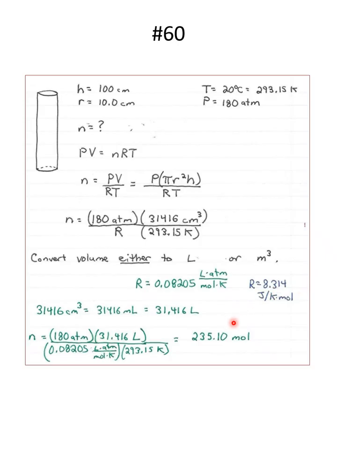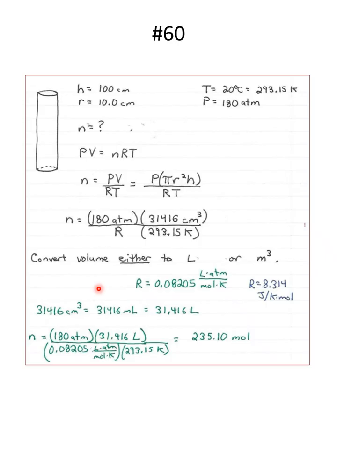So here on this page with the green ink, I've done it using liters, and then on the next page, I'll show you doing it the MKS route. So 31,416 cubic centimeters. It's good to know that a cubic centimeter is a milliliter. They're the same thing.